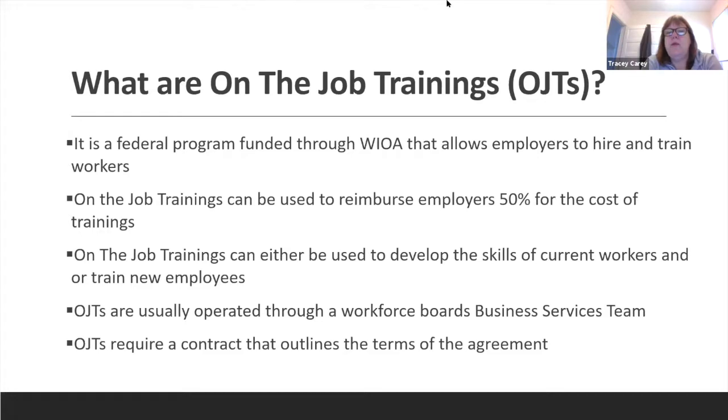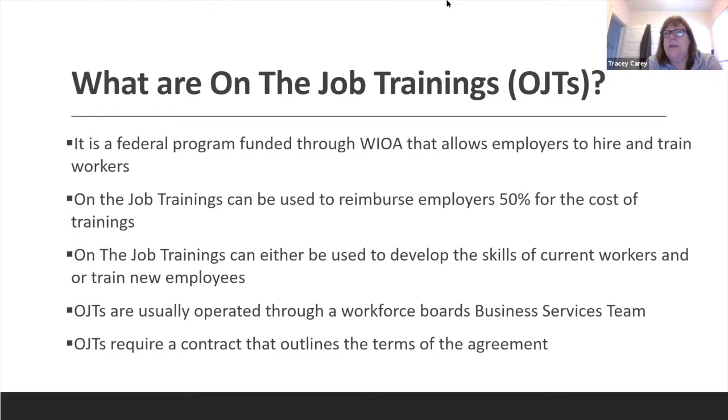On-the-job training can also be used to develop the skills of current workers as well. And each local board sets its own policies around OJT. Those policies must at least adhere to the WIOA regulations. They could be more aggressive if they want to be more aggressive. Aggressive oftentimes can result in more restrictive.